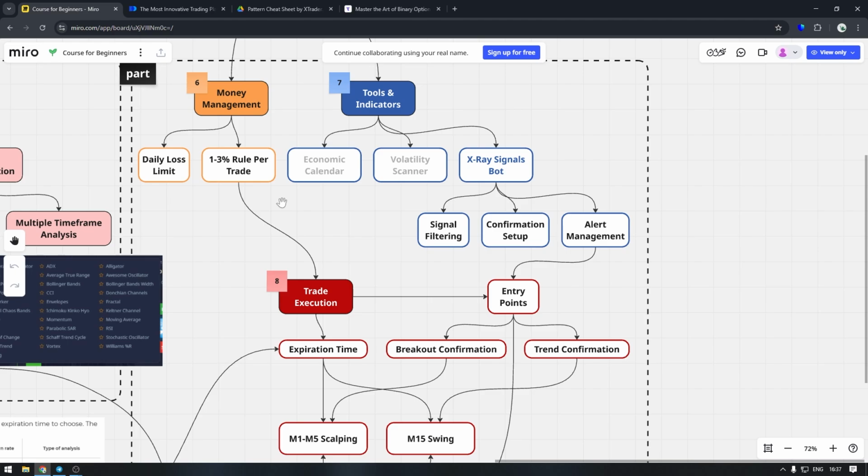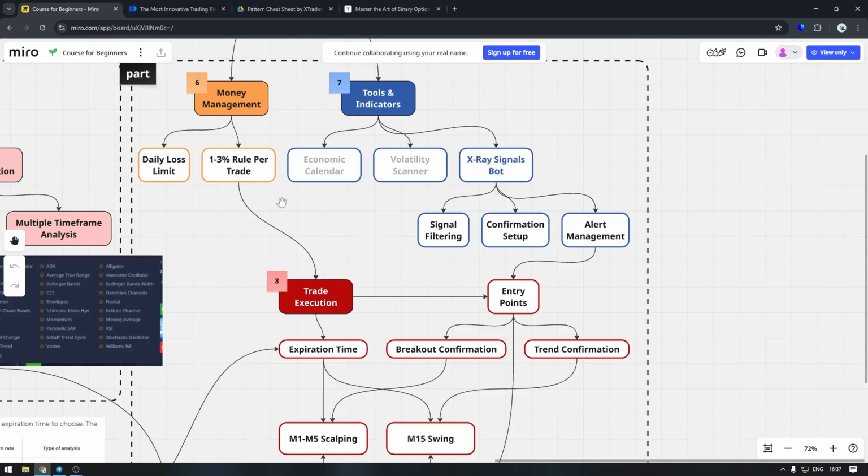What does it give you? First, full strategy-based configuration, signal filtering by strength, sensitivity adjustment for specific assets, and combination with price levels. You can use it in your confirmation system. X-ray signals is one confirmation, not the only one.